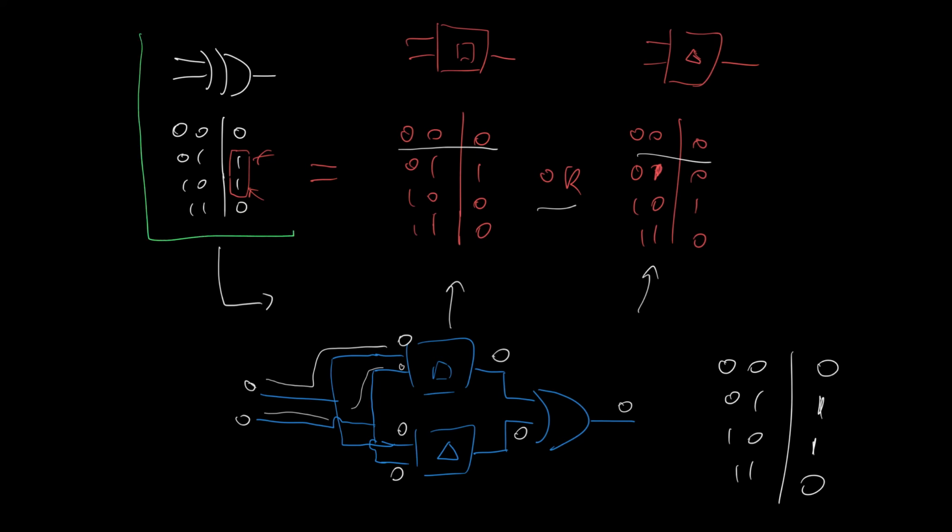So if 0, 1 comes in, the output's going to be 1 ORed with 0, which gives me a 1. And that's indeed what we have here. So very quickly, if 0, 0 goes in, the output's going to be 0 ORed with 0, which is 0. If 0, 1 comes in, the output's going to be 1 ORed with 0, which is 1. If 1, 0 comes in, the output's going to be 0 ORed with 1, which is 1. And if 1, 1 comes in, the output's going to be 0 ORed with 0, which is 0.